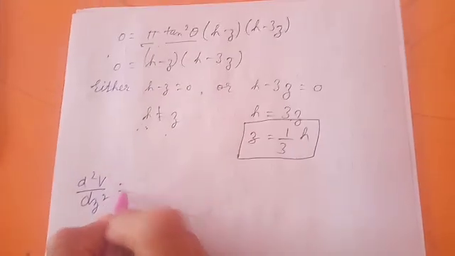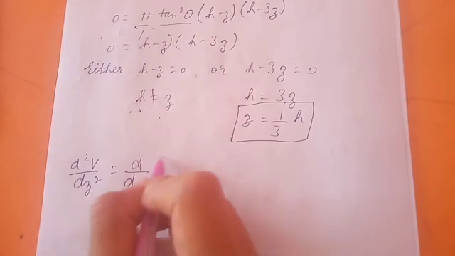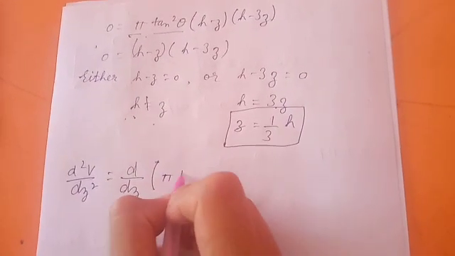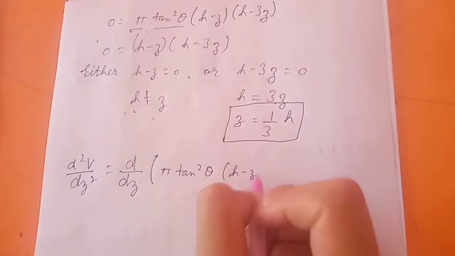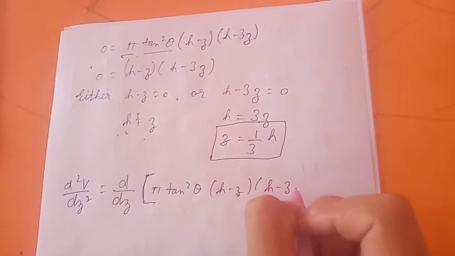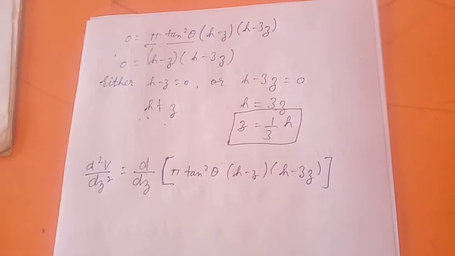Okay, that means d by dz of pi tangent square theta into (h minus z) into (h minus 3z). It was our first differentiation.